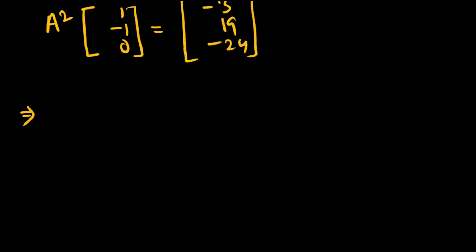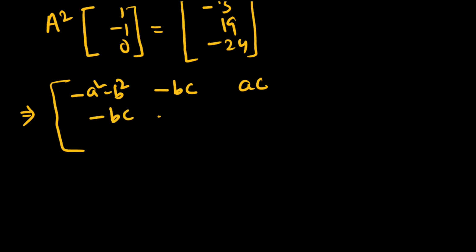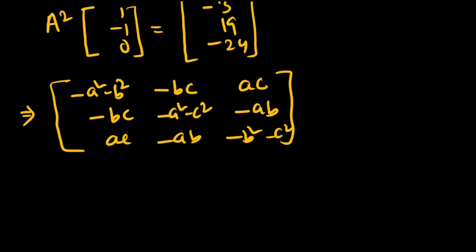So we put the value of A square here, and multiply by the matrix 1, minus 1, 0.